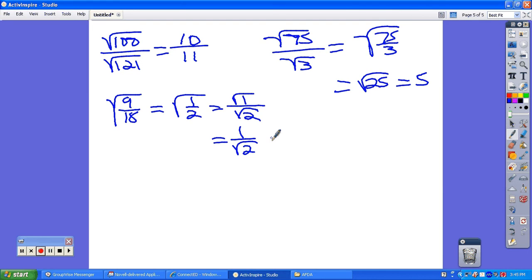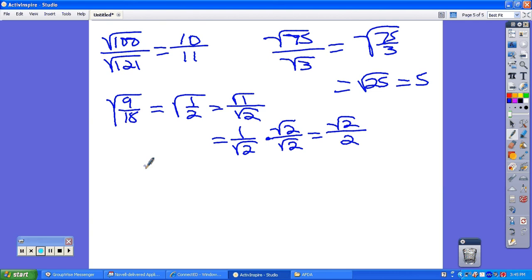In other words, we want a whole number in the bottom. So what is it going to take to do that? Well, what it takes is you multiplying the top and bottom by the square root of 2. And you end up with square root of 2 over 2, because the square root of 2 times the square root of 2 is the square root of 4, which happens to be 2. All right, and there's your answer there.